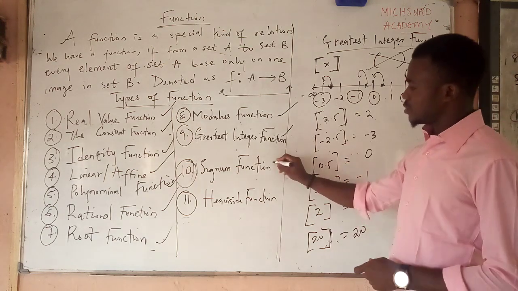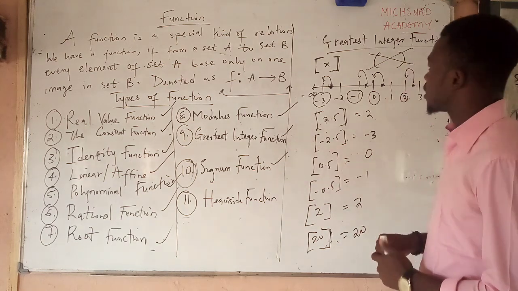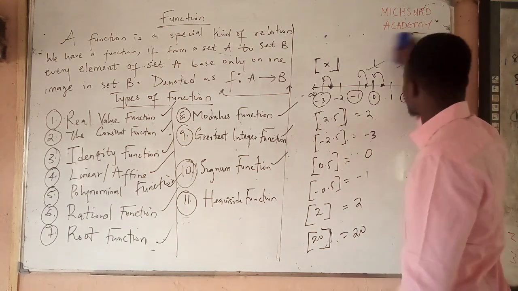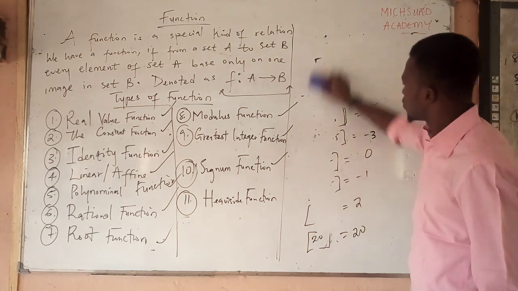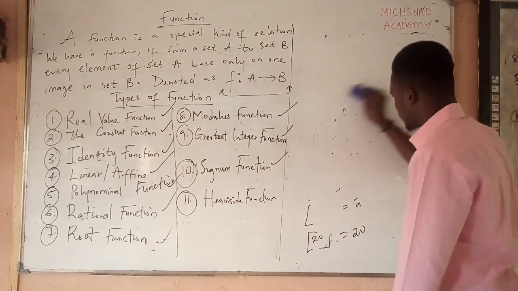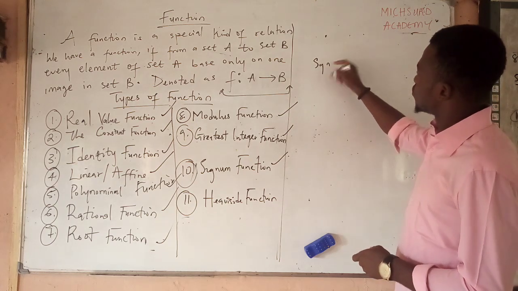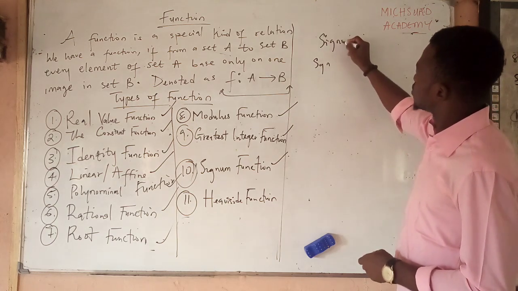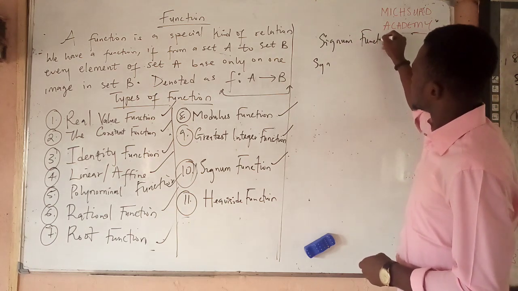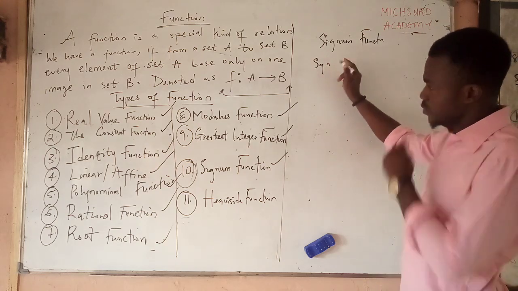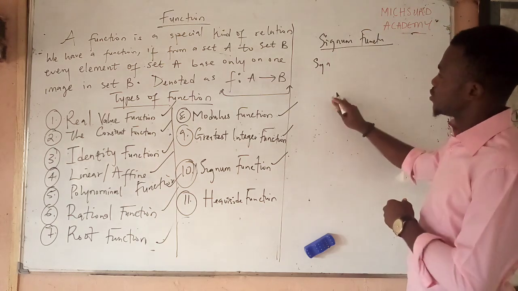Now the next on the list is the signum function. We normally denote the signum function with this, sgn, so we use sgn to show the signum function.